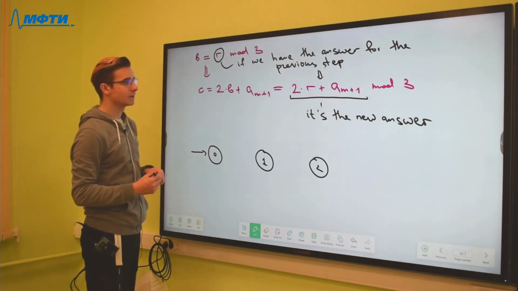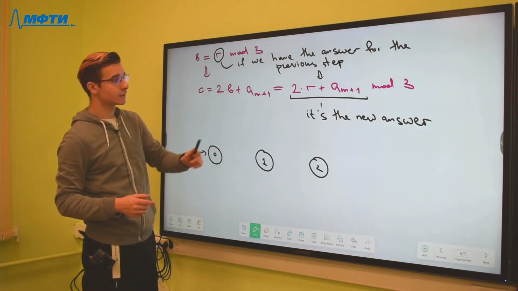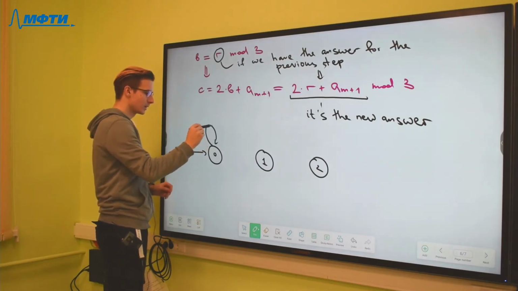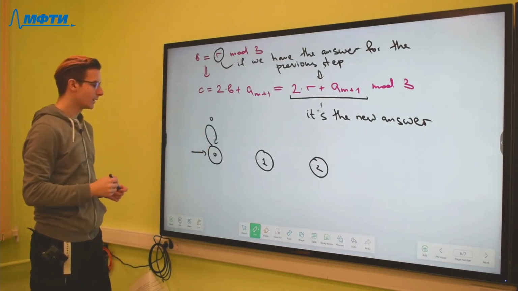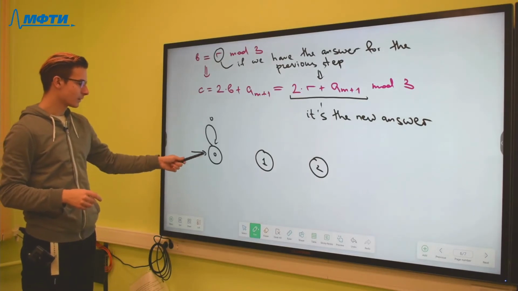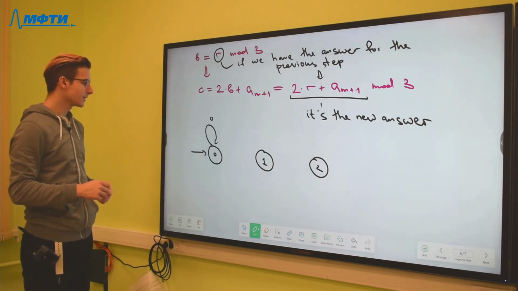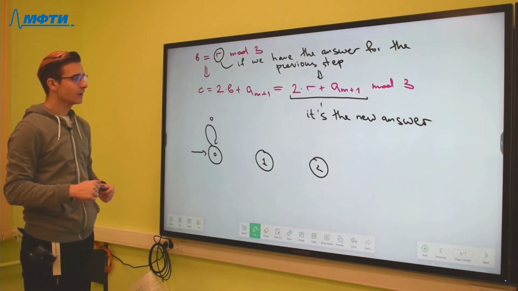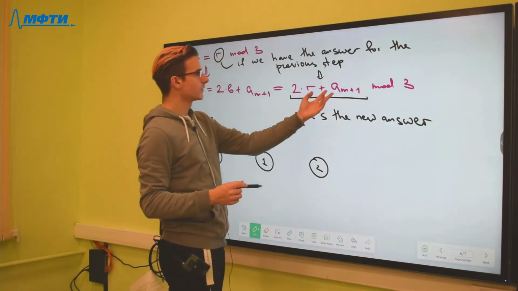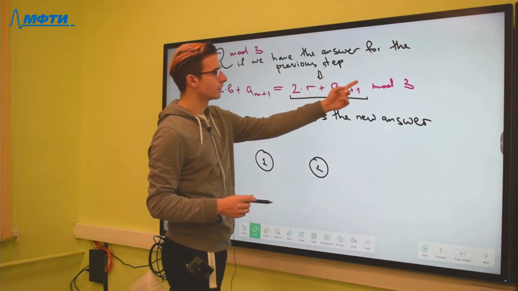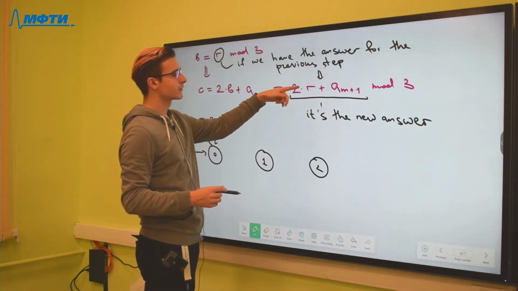So the new answer is equal to 0. So I can write it like the edge that starts with the vertex 0 and ends with it. And if it is equal to 1, then the new residue will be equal to 1.